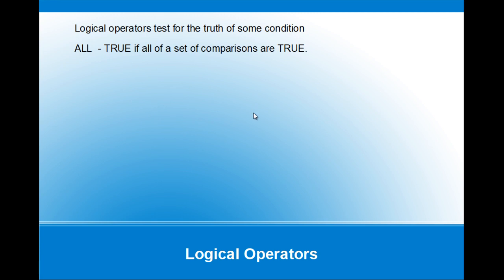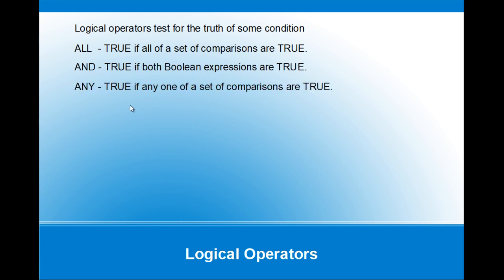We'll go through the whole list of operators and see which ones are more important and more frequently used. First, ALL is a keyword which says true if all of a set of comparisons are true, and then the AND condition. As you know, for the AND condition all the expressions should be true, and only then will the AND condition be true.